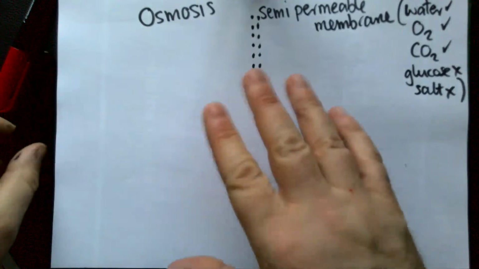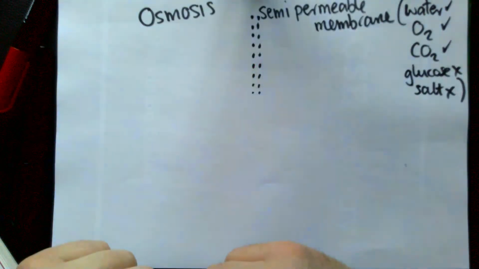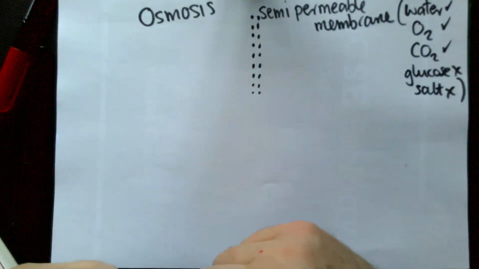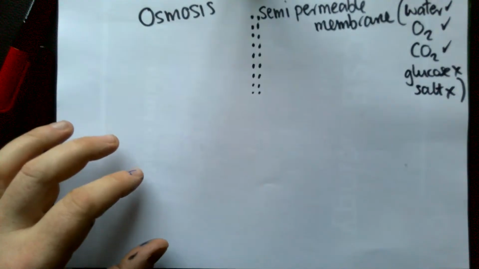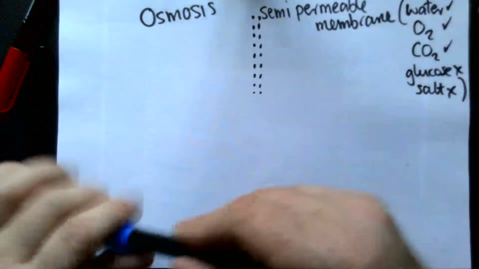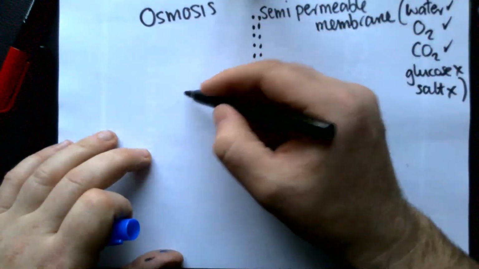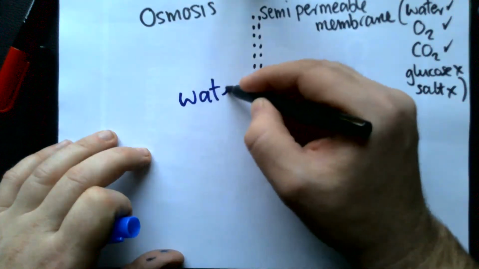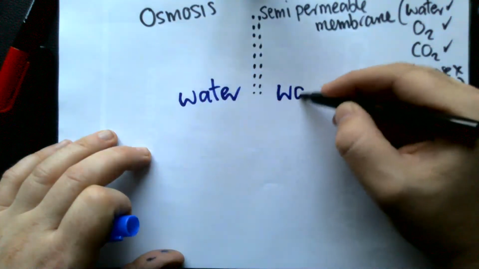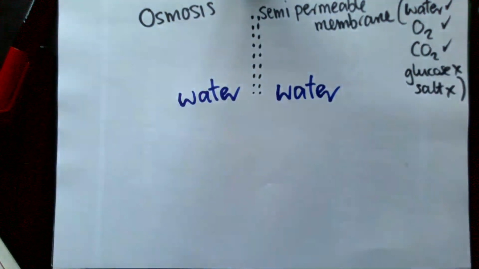Okay, so let's have a think about what happens in osmosis. And I want to think about salt. Okay, I want to imagine this is water. And this is also water. And that's a fair assumption.